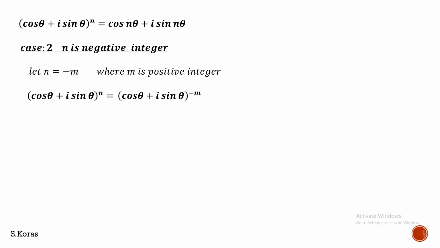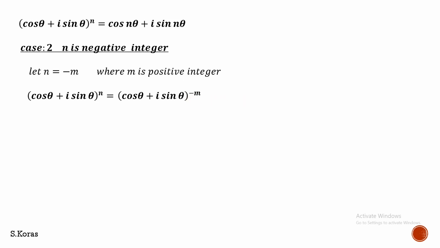So (cos theta plus i sin theta) to the power minus m. Surely it's a power with a negative value. It will not change because we have considered m as a positive integer. Since m is a positive integer and minus is included, minus m is a negative integer. So now cos theta plus i sin theta has a power that is a negative integer, right?